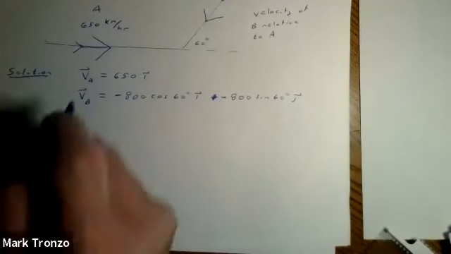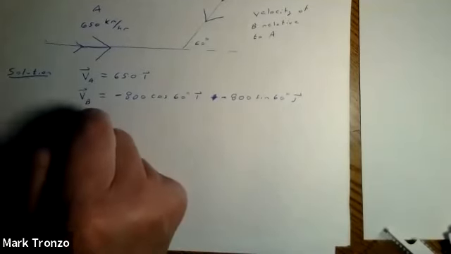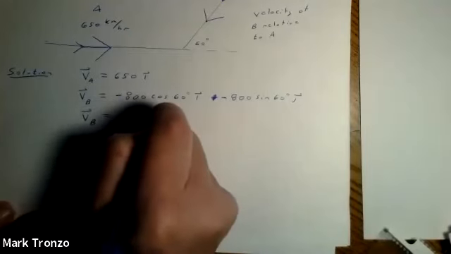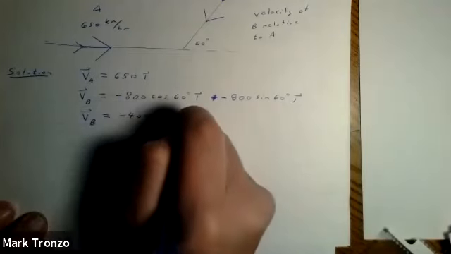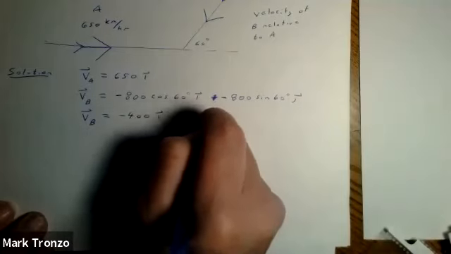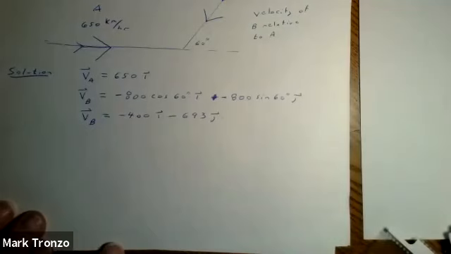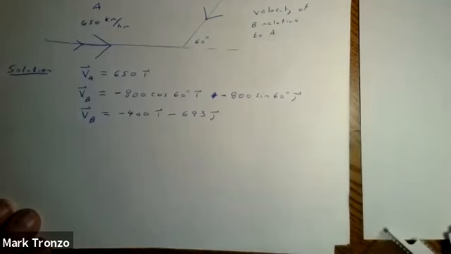And when you put this in your calculator, VB is minus 400I minus about 693J, more or less. So we have what we need there.